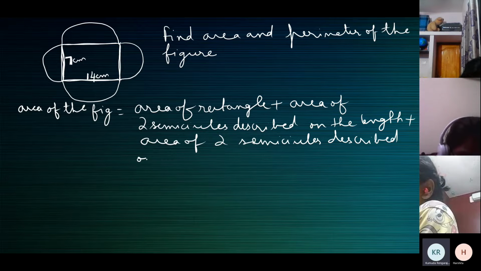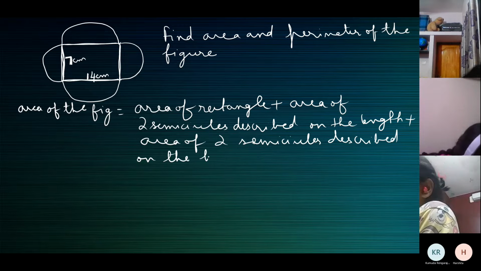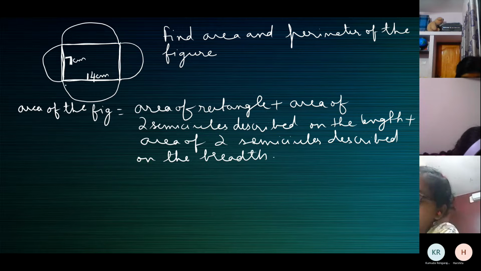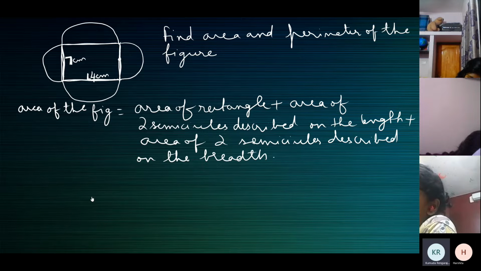You cannot add all the four because the radius is different. For this semicircle, the radius is 7. But for this semicircle, the radius is 7 by 2.